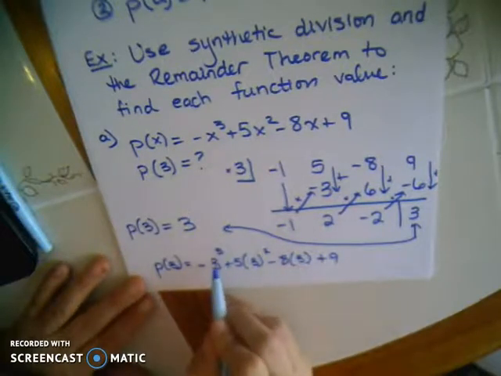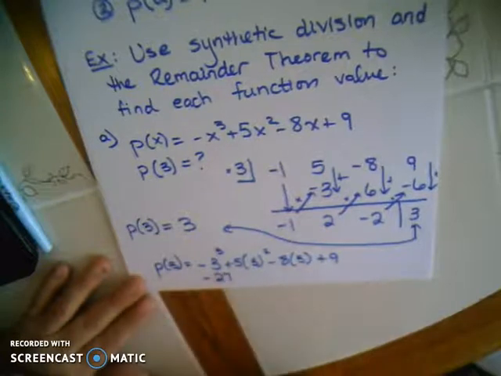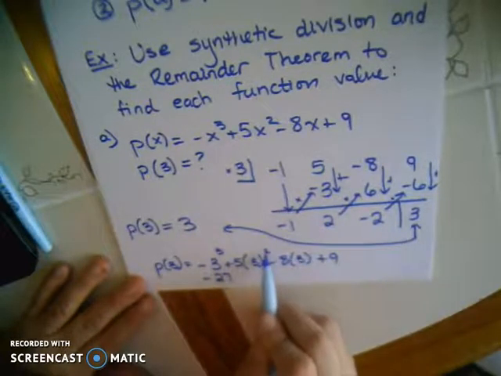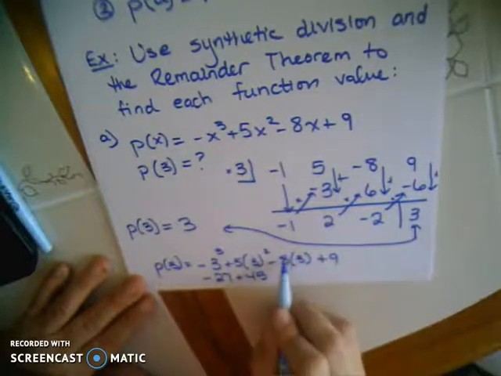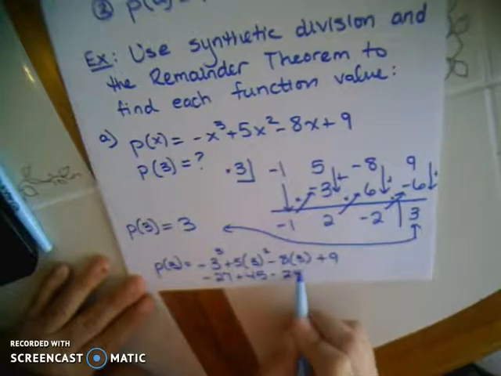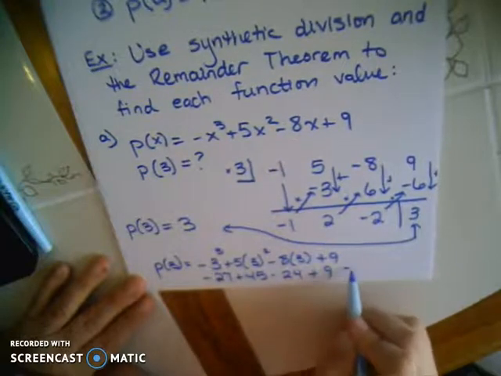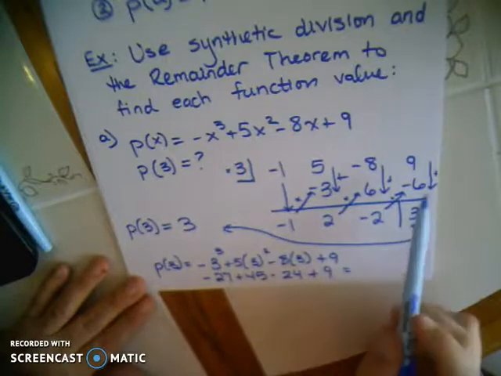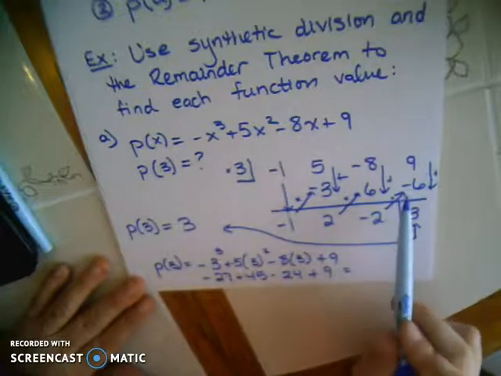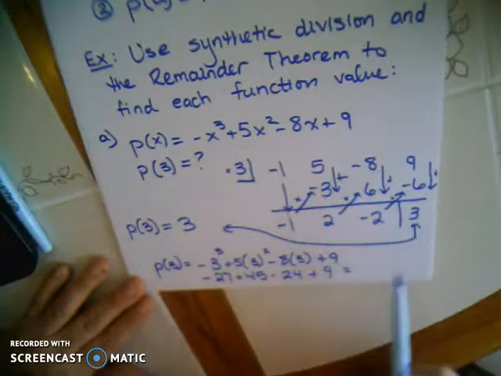So 3 cubed is 27. So that first term is -27. 3 squared is 9, and times 5 is going to be plus 45. 8 times 3 is 24, and then plus 9. We also get much bigger numbers to work with here. Notice the numbers in our synthetic division, they're just single-digit numbers, very easy to work with.